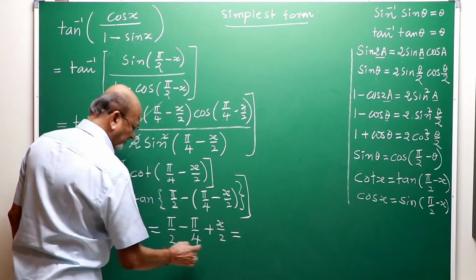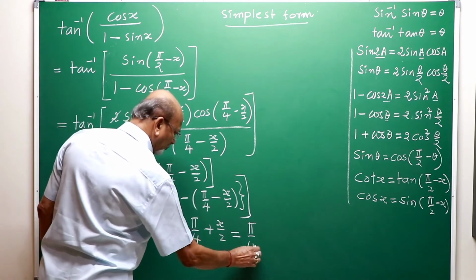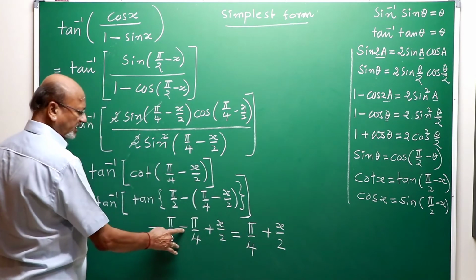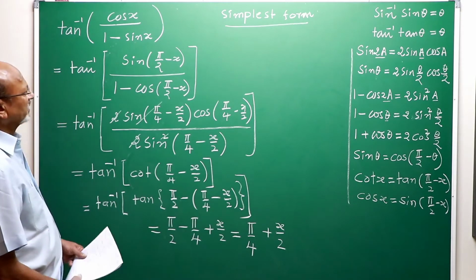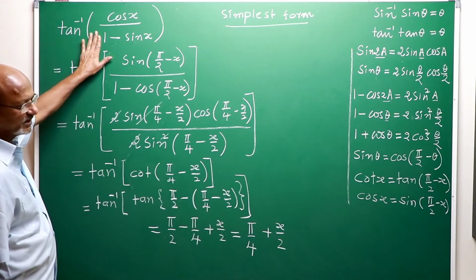Yes, my friends, pi by 2 minus pi by 4 is pi by 4 plus x by 2. Yes, my friends, it is the simplest form of this expression.